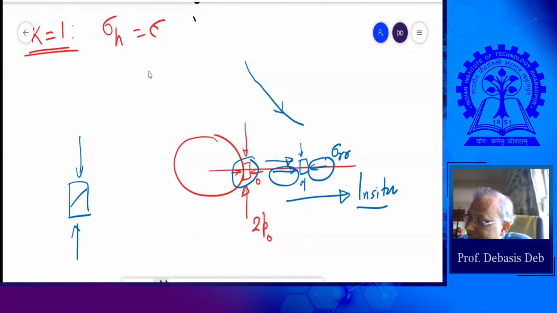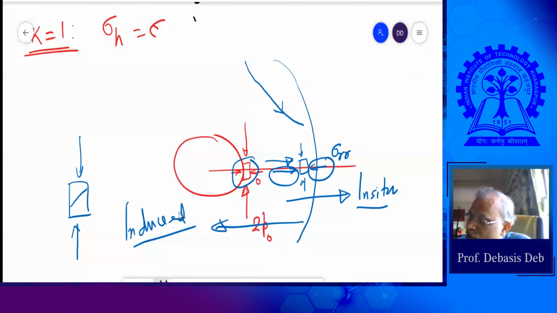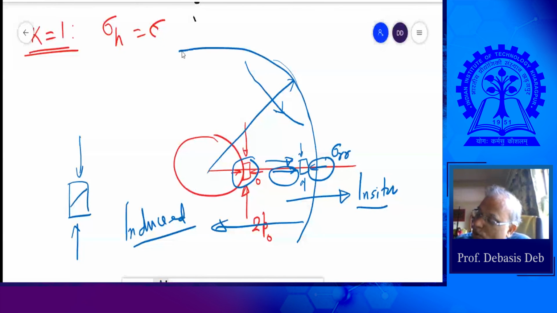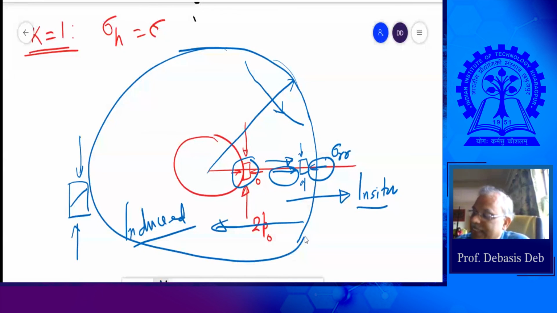This side is basically the induced side, and there will be a particular zone after which it is very close to in situ. So we call this particular zone around this the influence zone.